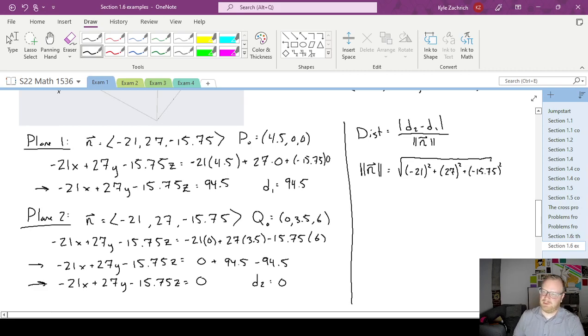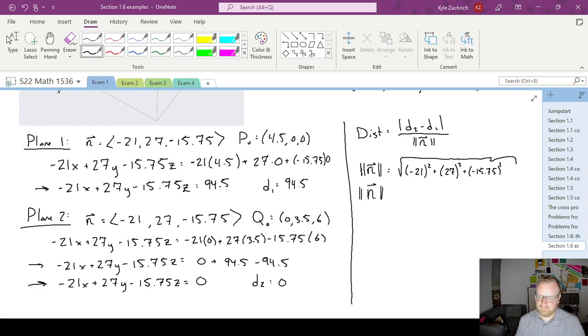Once we get the square root of all that, that'll be the magnitude of our normal vector. Okay.